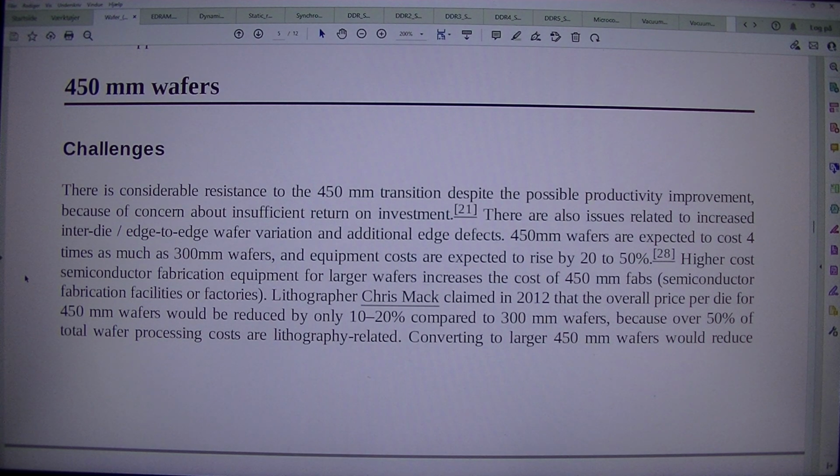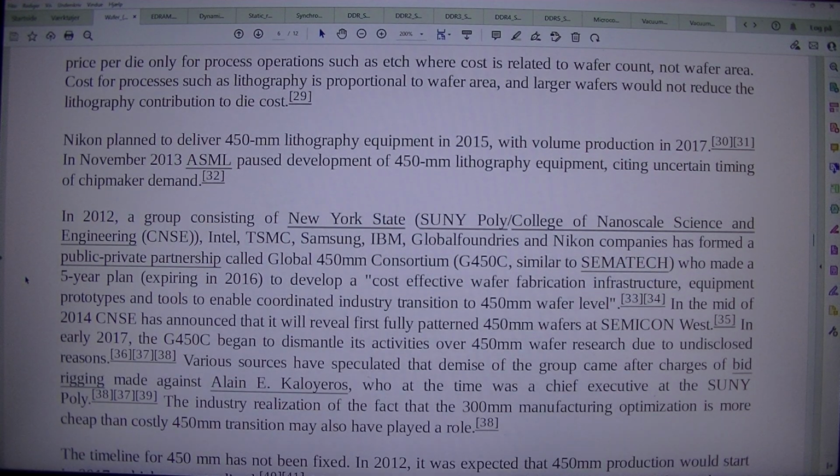Lithographer Chris Mack claimed in 2012 that the overall price per die for 450 mm wafers would be reduced by only 10-20% compared to 300 mm wafers, because over 50% of total wafer processing costs are lithography related. Converting to larger 450 mm wafers would reduce price per die only for process operations such as etch, where cost is related to wafer count, not wafer area.